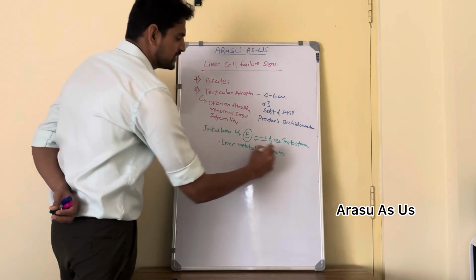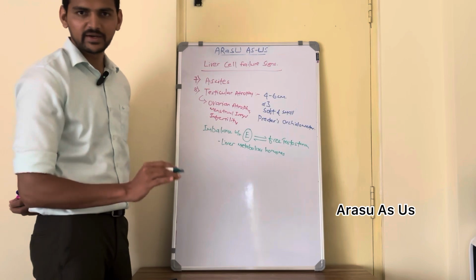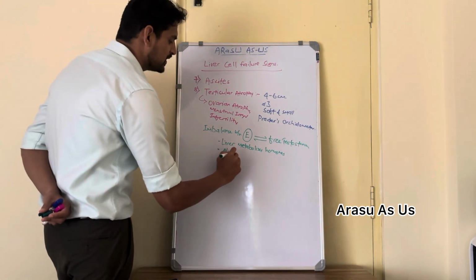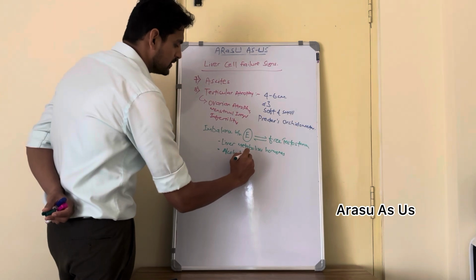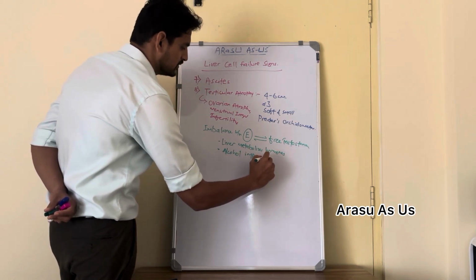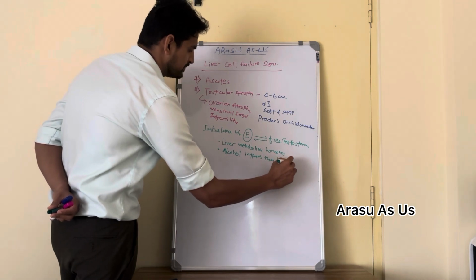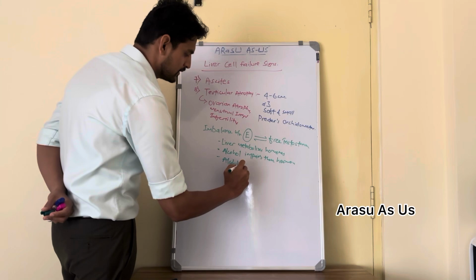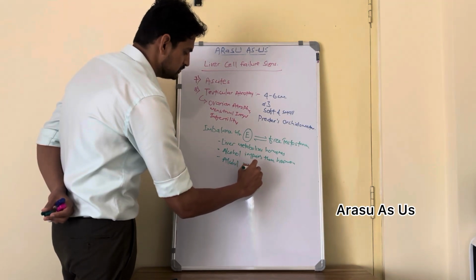So when there is liver cell injury, this metabolism will get affected. This is one mechanism. Then in many cases, alcohol impairs this hormone balance. Even alcohol can affect the pituitary directly, causing pituitary dysfunction.